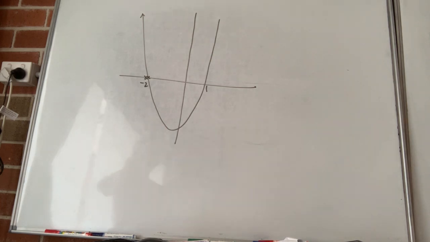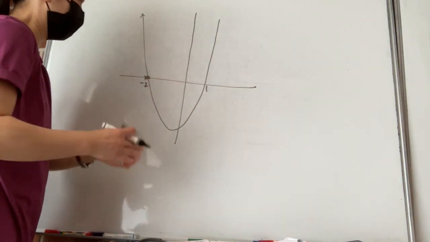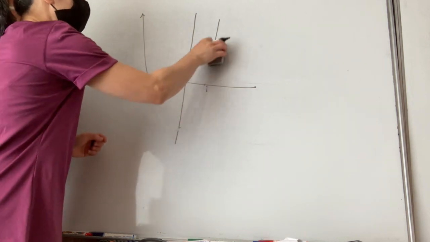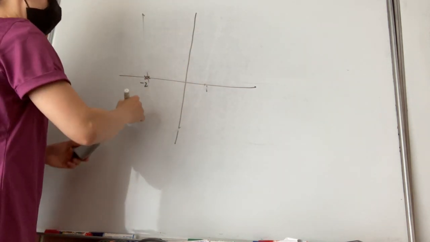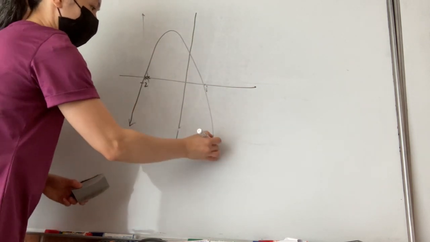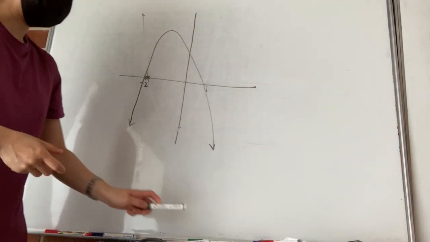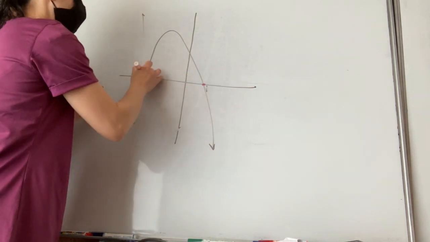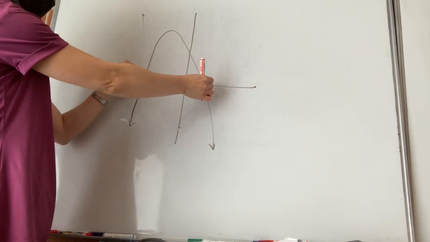First step, negative, upside down. So I'm going to have a curve going upside down, like this. Then you are going to pull it. When you pull it, keep these 2 points fixed. Have a nail on it.